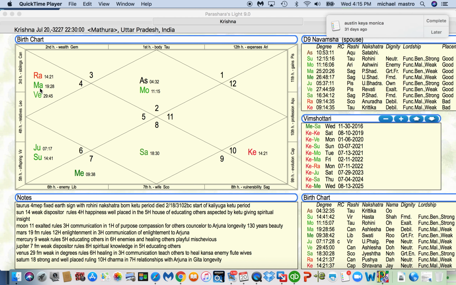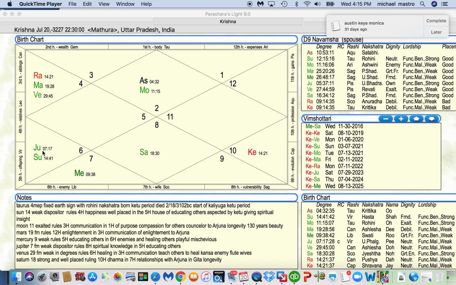Mars gives him a very ambition to communicate, and then Venus would be communicating Vedic knowledge. So he communicated the knowledge of enlightenment to Arjuna.